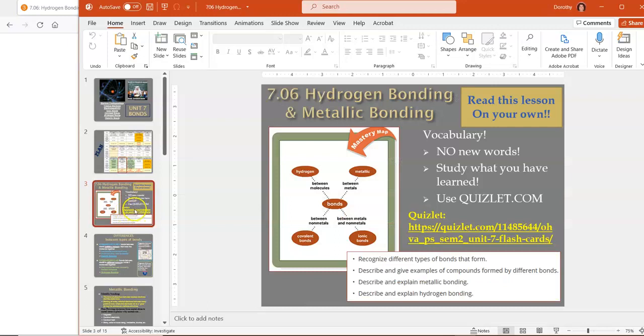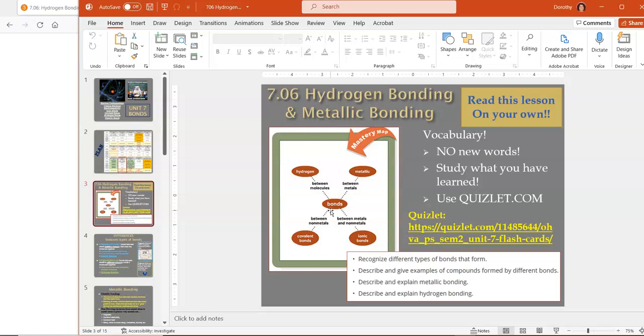All right, so in lesson 7.06, we are talking about hydrogen bonding and metallic bonding. These are a different type of bonding than what we've discussed. In the past, we talked about covalent bonding, sharing electrons, and ionic bonding, where one atom gives electrons to another atom and they stick together because of the opposite charges. But these are different. These are not bonding from one atom to another atom to make a molecule or a lattice.